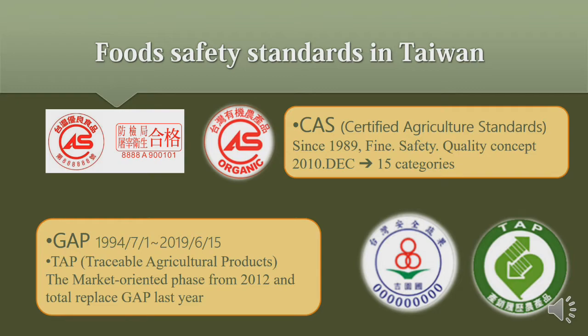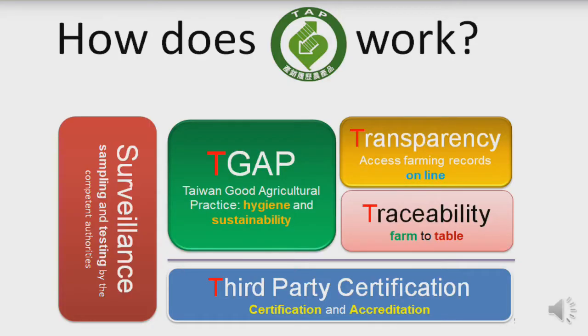It is from the early part of this century, about 2003. The Taiwanese government already recognized it, but it was still immature, and the market's organs refers to it from 2012. By 2015 it was quite mature, and now it has totally replaced the GAP just last year.